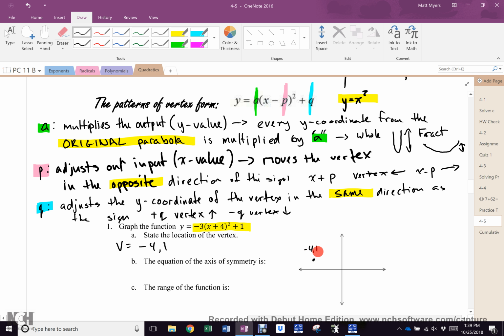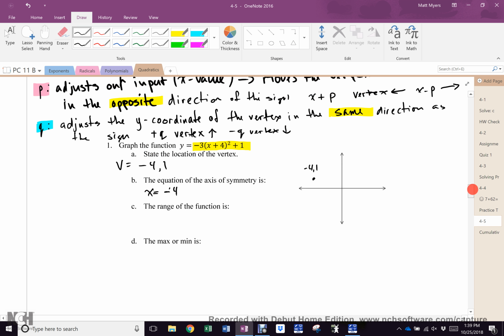Now, what's the next thing I ask? The equation of the axis of symmetry. The axis of symmetry is, of course, the vertical line that goes right through the parabola, yes? So what is it? X equals what? Negative 4. Agreed?